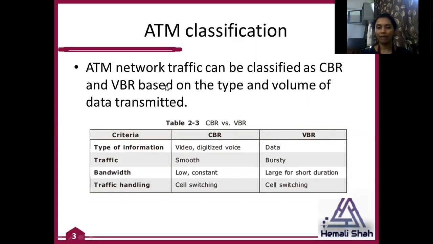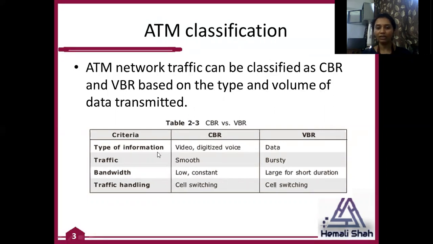Based on the type of information, traffic is divided into two parts. If the data is video or digital voice, then it works as CBR. If you are sending some text based data, at that time it is considered VBR traffic. All the data having messages, the text based traffic.